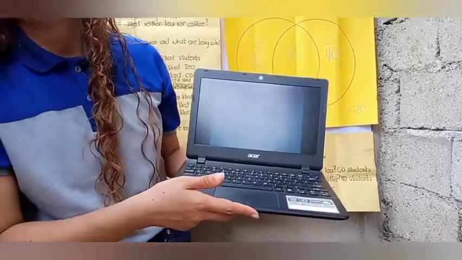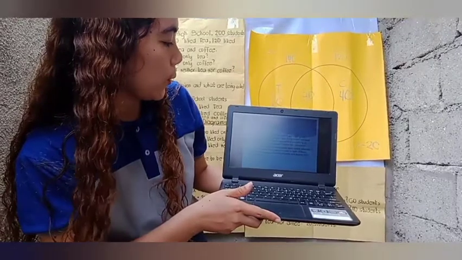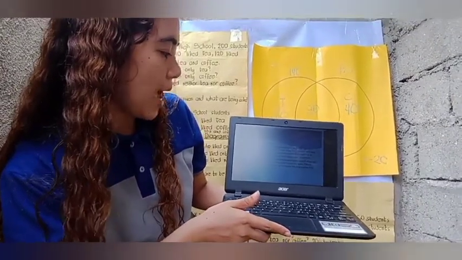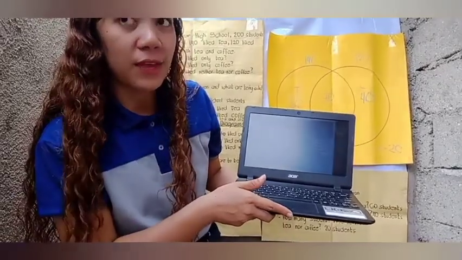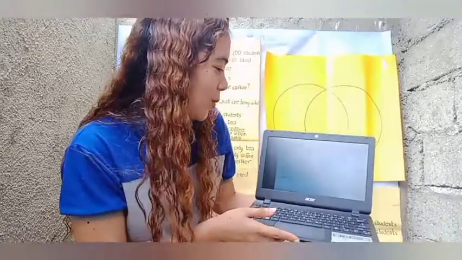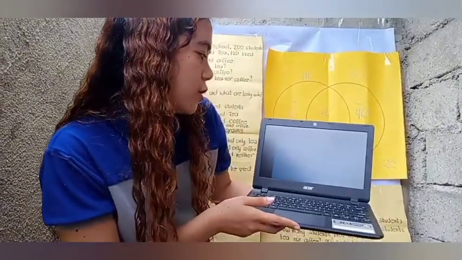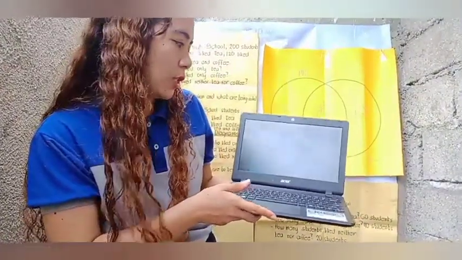So, the group number 1. Asan yung mga group number 1? Okay. Nasa likod. So, for you, group 1. A group of 25 high school students were asked whether they used either Facebook or Twitter or both. Sino may mga Facebook account dito? Ayun, nagsilabasan ng mga may Facebook. How about yung may Twitter? Ay, mangilan-ngilan lang. Okay. So, 15 of these students used Facebook and 12 used Twitter.